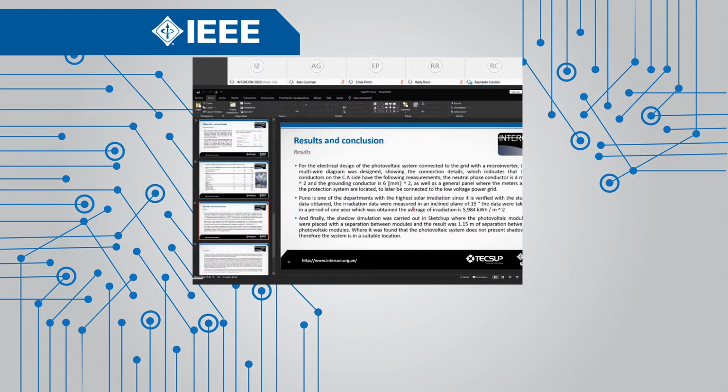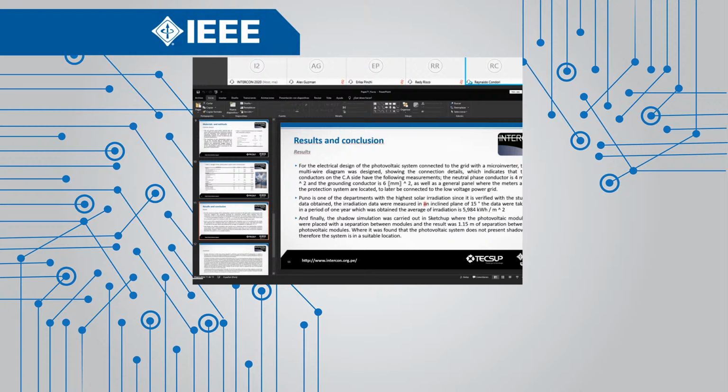Results for the electrical design of the photovoltaic system connected to the grid with a microinverter. The multi-wire diagram is designed showing the connections detail, which indicate that the conductors have the following measurement.